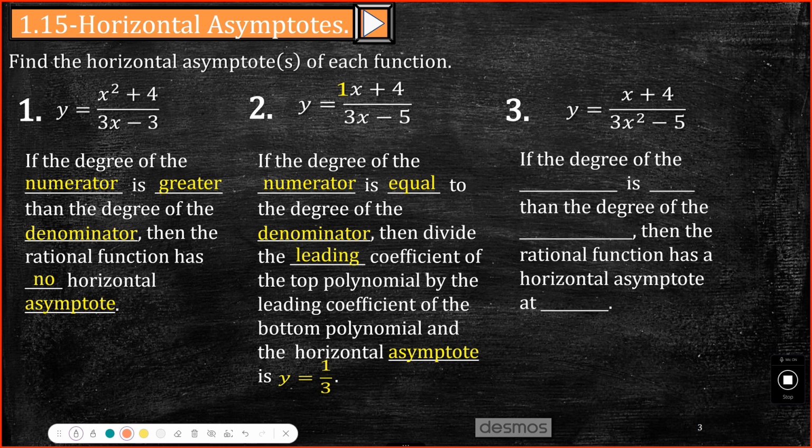If the degree of the numerator is less than the degree of the denominator, then the rational function has a horizontal asymptote at y equals 0.